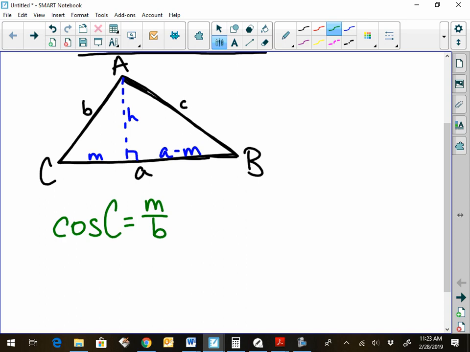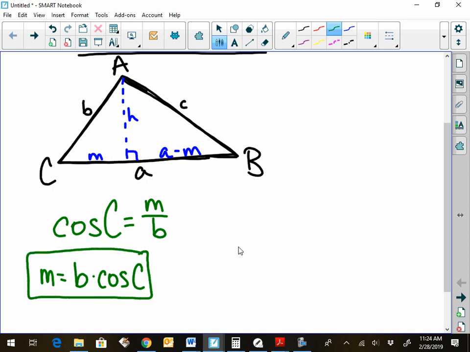Now, all of the letters that are in blue, on the inside here, we'll eventually want to get rid of them. So let's solve for those. Here, let's solve for M, and we're going to multiply both sides by b. So we'll get M equals b times cosine of C. We'll use that a little later.